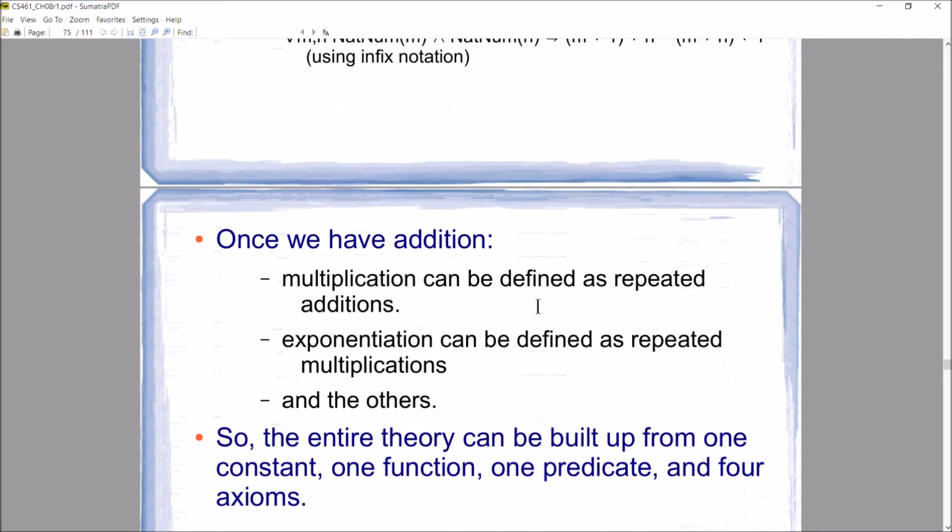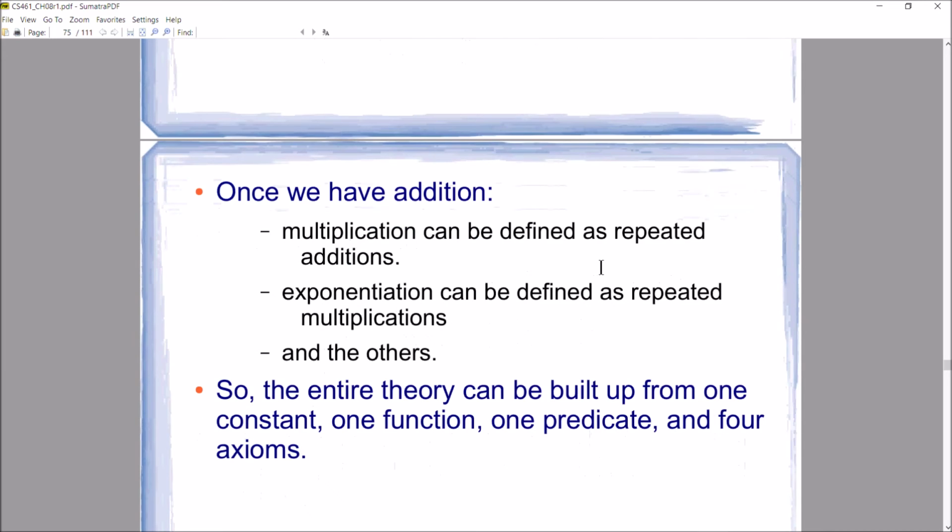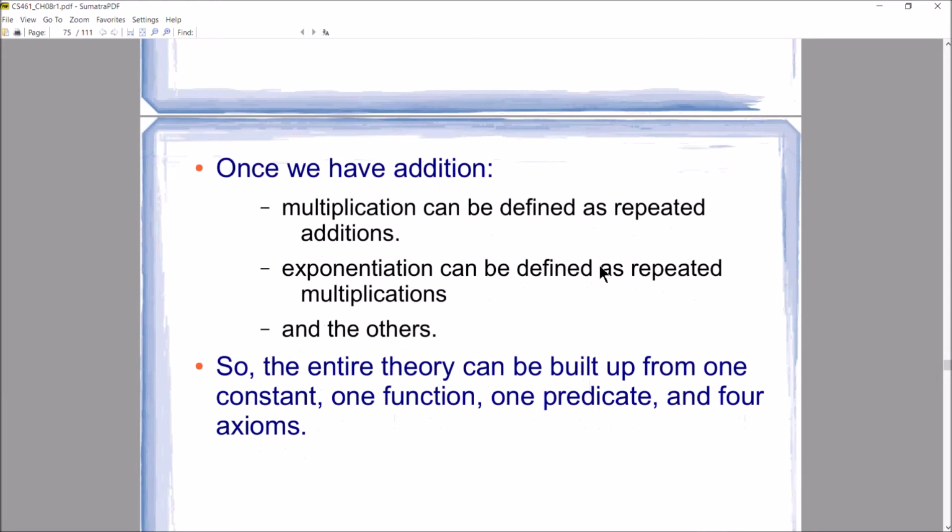So now once you have addition, within that theory of natural numbers expressed using first order logic, it's really easy to define multiplication in terms of addition, right? Because what's 7 times 4? 7 plus 7 plus 7 plus 7. What about exponentiation? What's 3 cubed? 3 times 3 times 3. There are others you can do too. You can build it up.